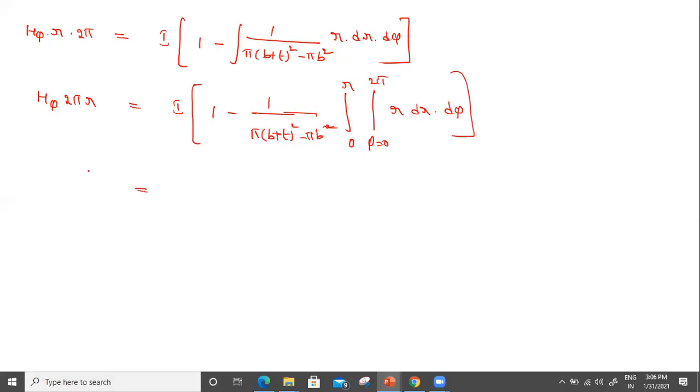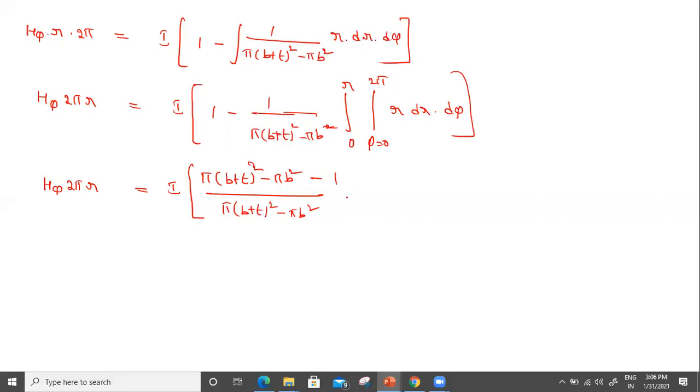So here if you simplify, the left side is common, H phi into 2 pi r is common. If you take the LCM here, you may get pi of (b plus t) whole square minus pi b square, minus 1 by pi of (b plus t) whole square minus pi b square.